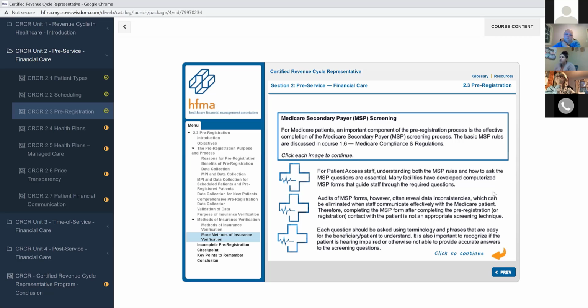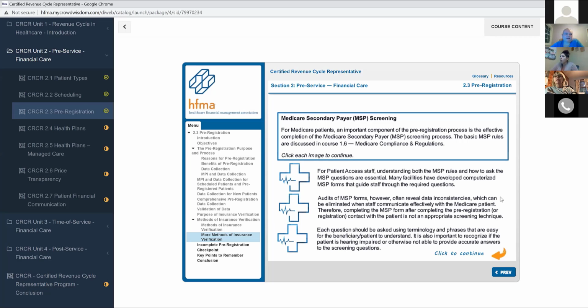Facilities have developed computerized MSP forms that guide staff through the required questions. I know that Cerner, when you're registering anybody for Medicare, automatically takes you to the MSP and makes you fill it out before you can even complete the registration. So there is software out there that will guide you with the questions.